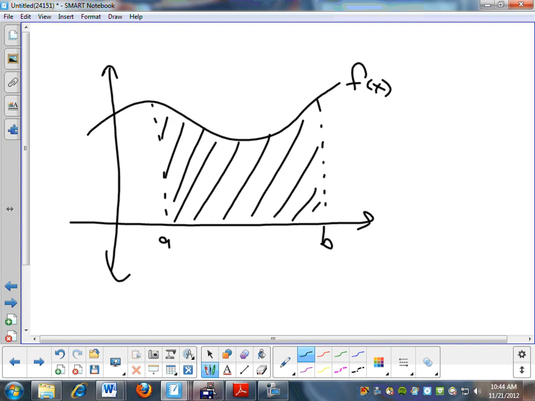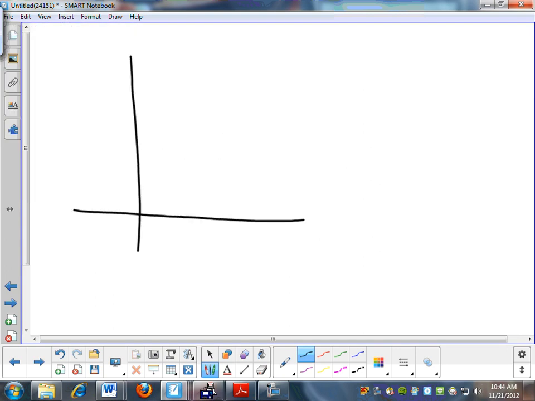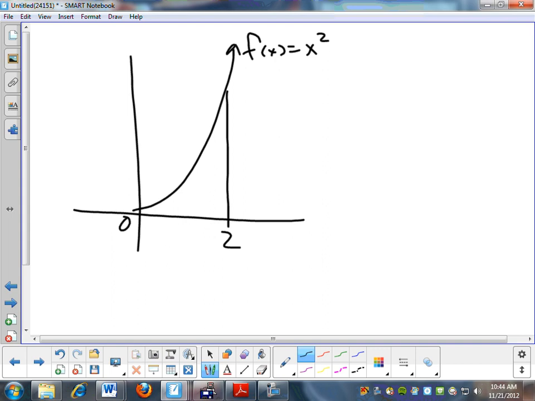I don't have a function right now. You're putting me to a challenge. All right. Here you go. I got f of x is equal to x squared. Let's see you guys do it.